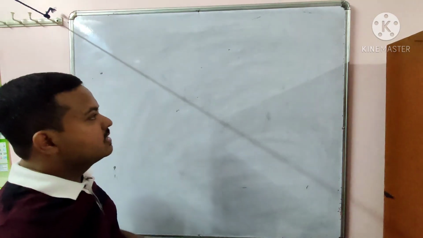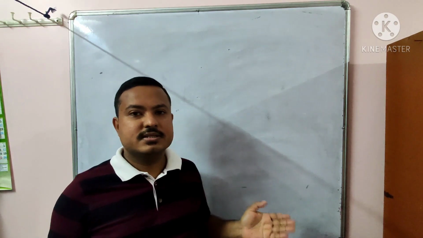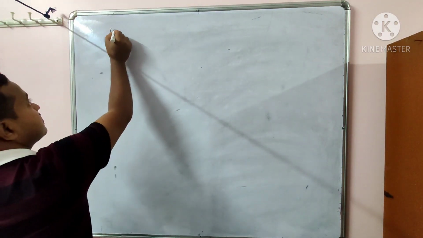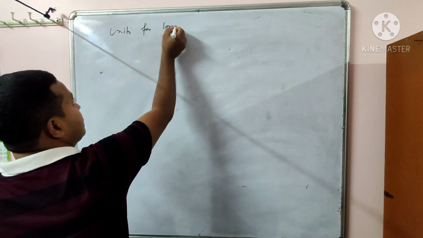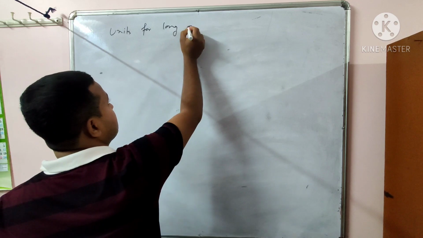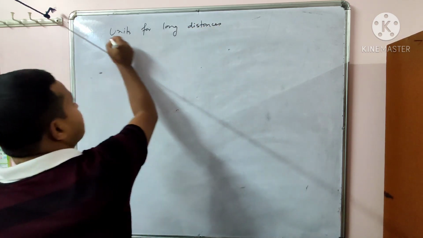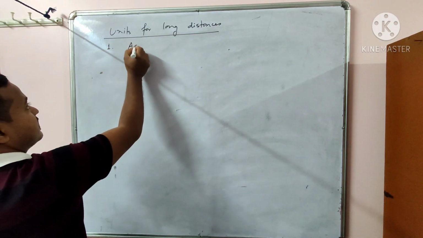Okay, now let me discuss some units used to measure long distances and very small distances. So units for long measurement or long distances. First we have the astronomical unit.